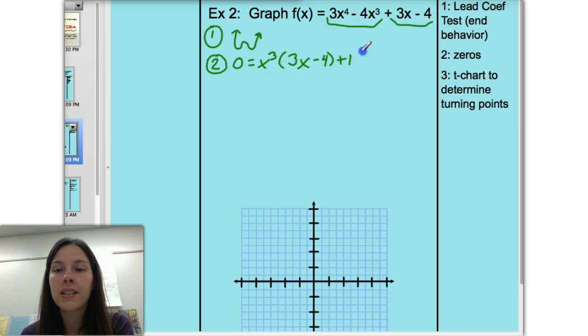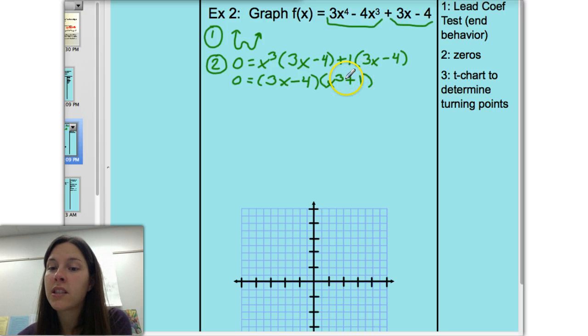If you're one of those who likes to see the 1, go ahead and write it. I don't usually write my 1 there. And then the 3x minus 4 becomes our GCF, so we're going to factor that out. And we're left with x cubed from our first term and plus 1 from our second term.